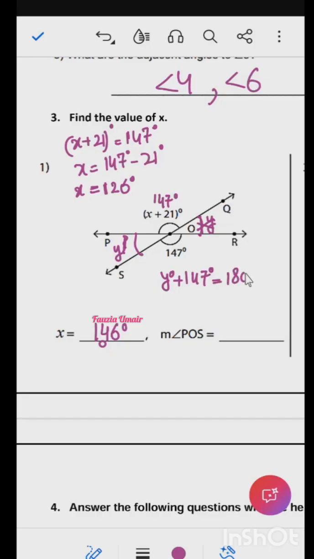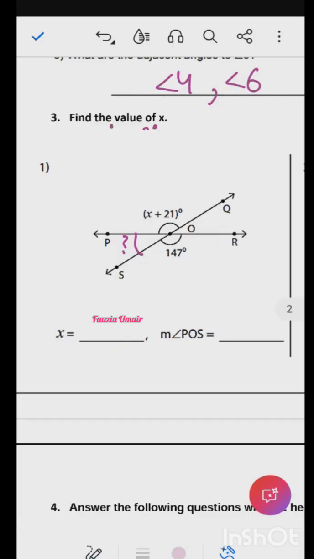And y would be 180 minus 147. The answer is 33. So this angle is 33 degrees.